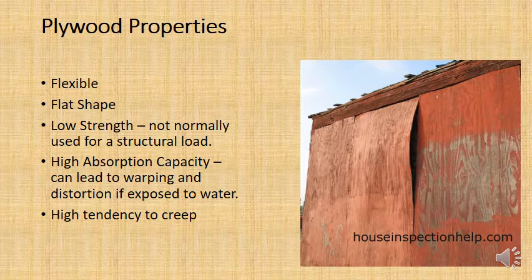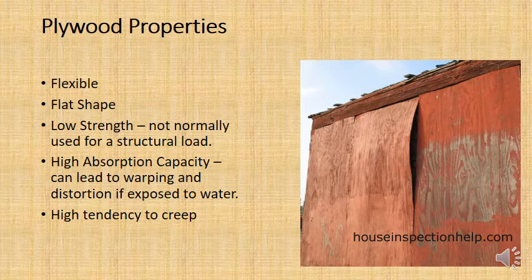But the great advantage of plywood is that it's got this flat shape. That's really useful. You can use it for making walls or for floors. I've actually built a boat using plywood before, so it's a great material because it's a very useful shape, which is not what you can say for a lot of timber.